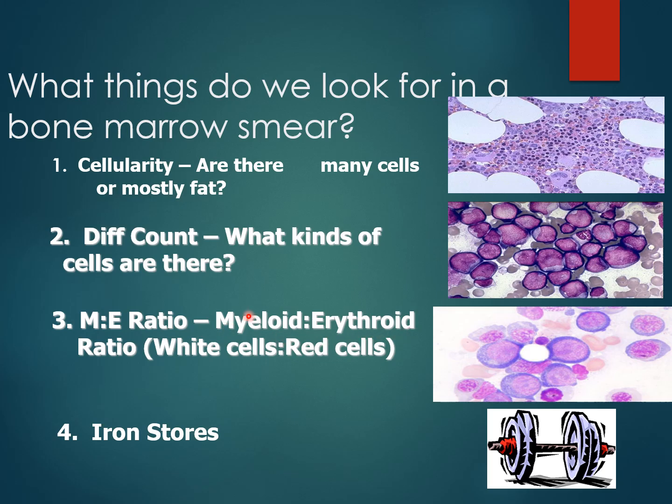So remember, myeloid cells and erythroid cells all come from that myeloprogenitor cell, but then it branches off, right? So we've got white cells that are of the myeloid line and then red cells. And there should be about 3 myeloid cells for every 1 erythroid cell.